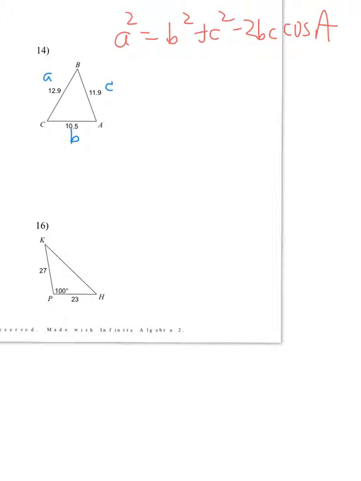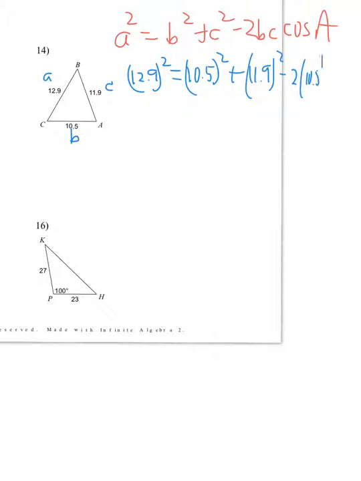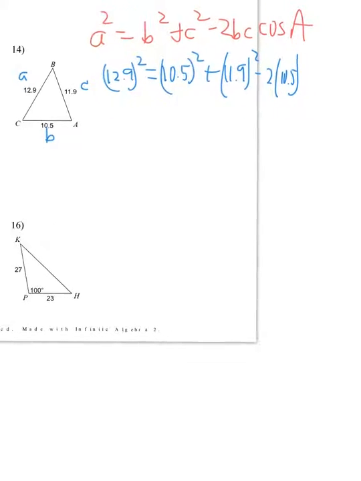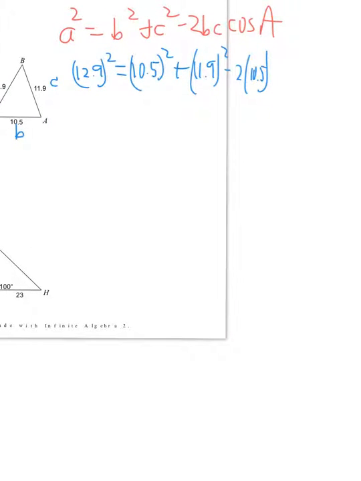So I have a squared, so I'm going to go 12.9 squared equals 10.5 squared plus 11.9 squared minus 2 times 10.5 times 11.9 times the cosine of angle A.